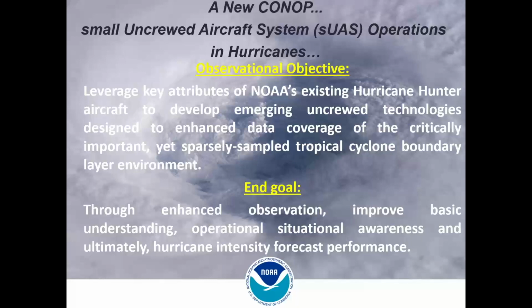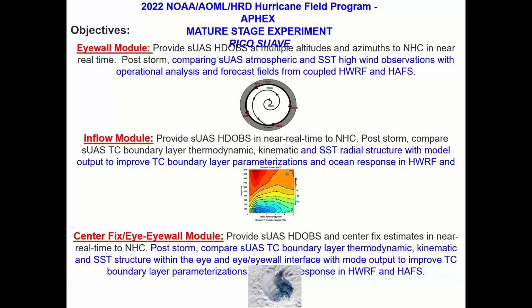And then ultimately, we believe that will improve our intensity and maybe even small short-term track forecast performance. What can we use these things for? I'll just show you how they work physically in a second here. But basically, it's sky's the limit. We can use them for eye wall modules. We drop in the center of the storm, and that's our primary one. And then we spiral out into the surrounding eye wall.